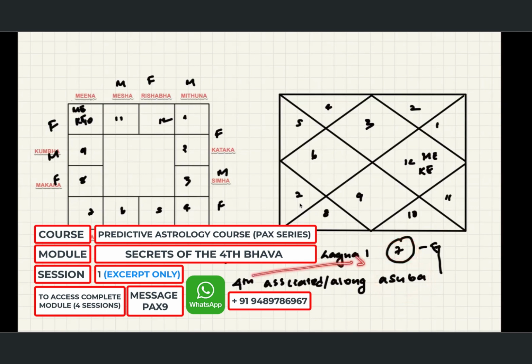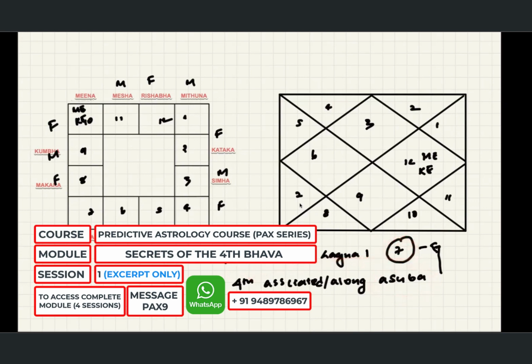If the fourth is associated with the seventh, I have no problem. You should also have no problem. Does it mean Kalatra can be beautiful? We will get into what it actually means later on. But the problem here is not about the fourth bhavadipati associated with the seventh. The problem is the fourth bhava lord is associated with the Ashubha Graha and he is associating himself with the seventh.